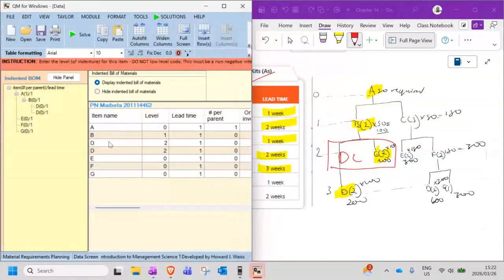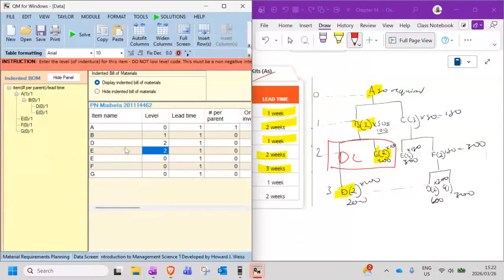Then we have E at level 2. Okay, so they are all feeding at B. See that B is feeding D and E on the same level.